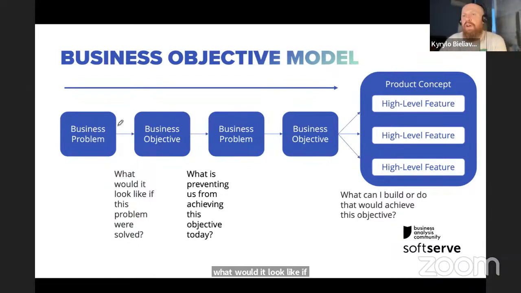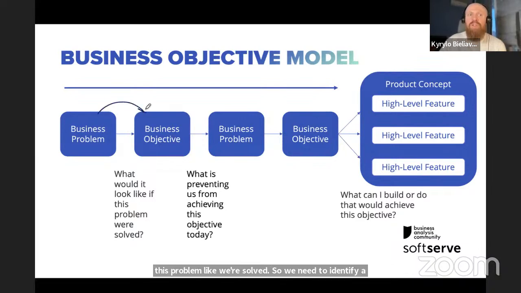So we need to identify a certain objective for this problem, something that we need to achieve, and it can be done on a business level. But in some cases, you will need to ask the question, what is preventing us from achieving this objective today? Why can't we just do it? What's keeping us away?